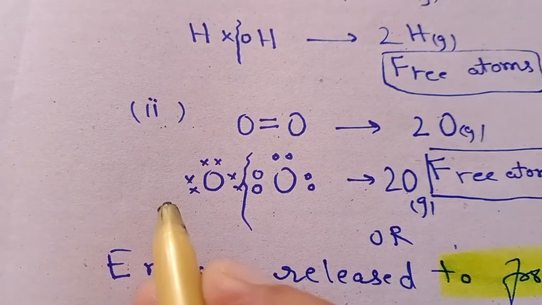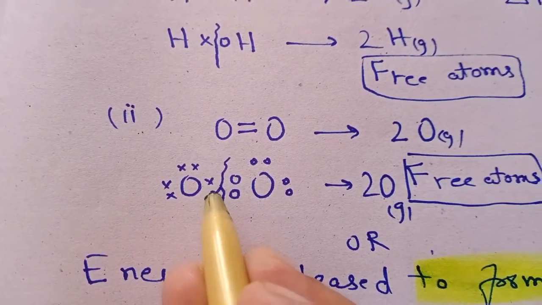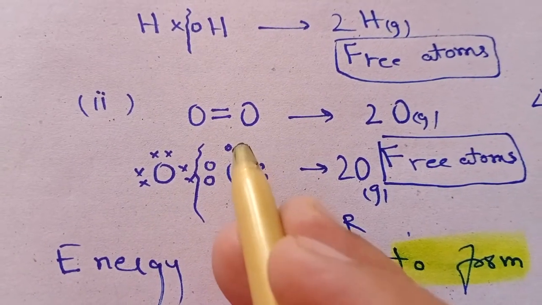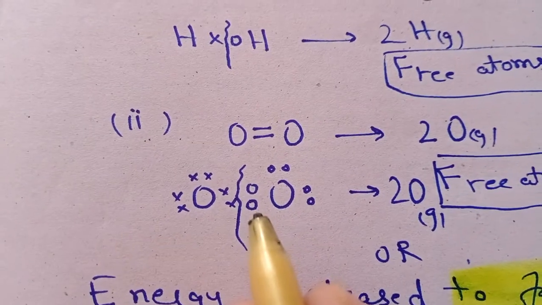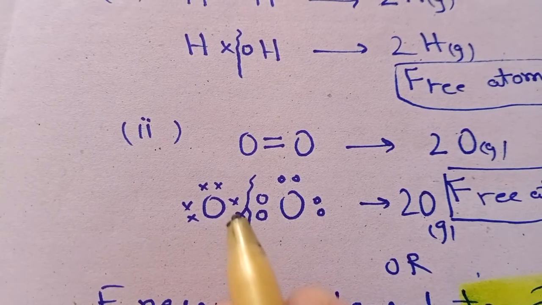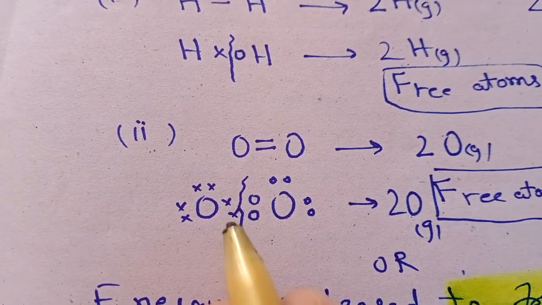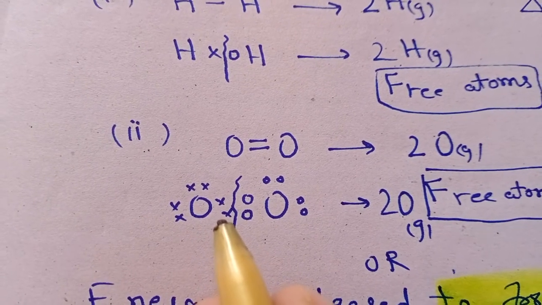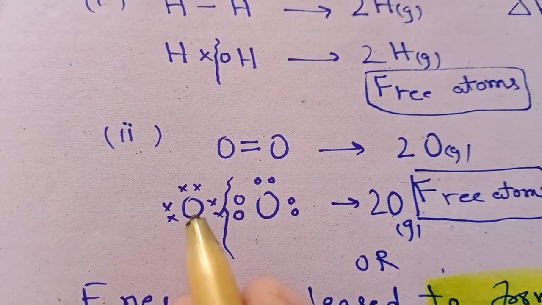It contains 6 electrons in its valence shell, 1, 2, 3, 4, 5, 6, and another oxygen atom also has 1, 2, 3, 4, 5, 6. The number of electrons in the valence shell is very important, and we can easily find it by looking at the periodic table. The group number indicates the number of electrons in its valence shell. So the group of oxygen is group 6.